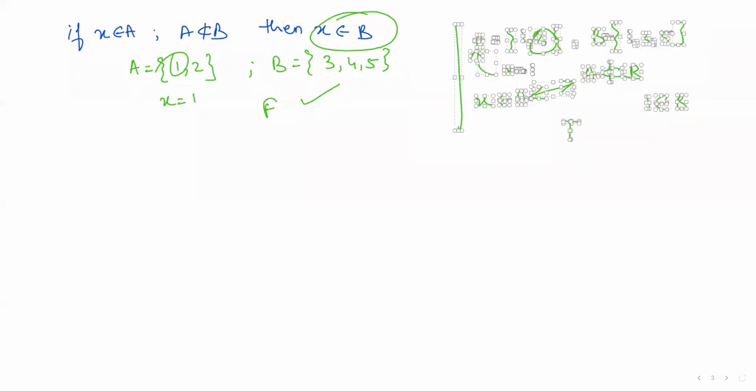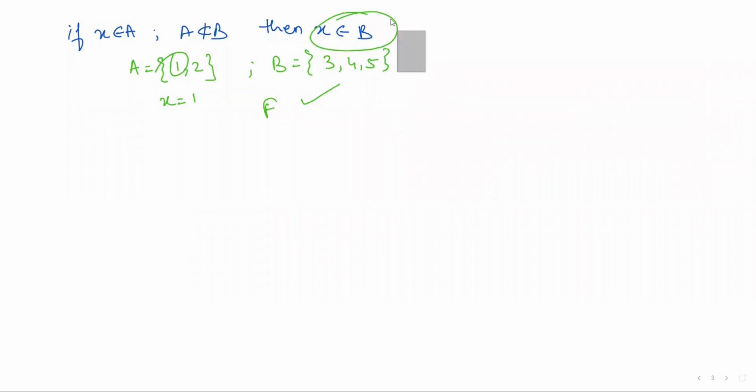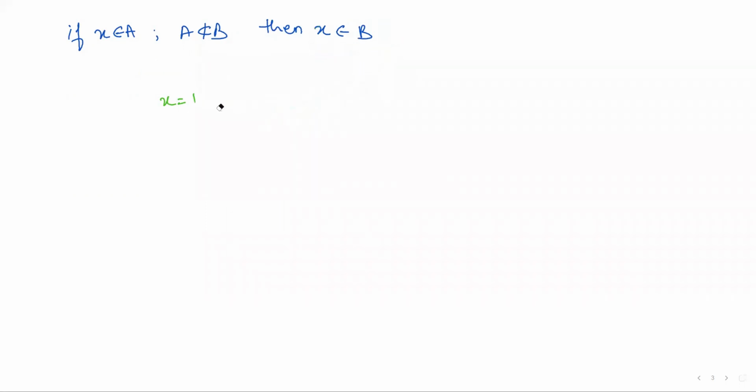So let's write the example. Here for this particular situation, let A be equal to 1, 2, B be equal to 3, 4, 5.